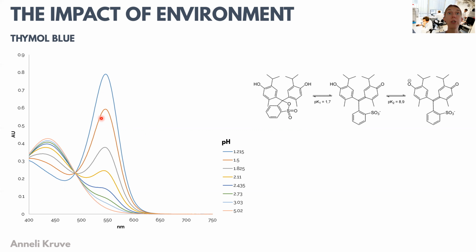In between, we have a blend of these two forms, and our spectrum is also a blend of these two spectra. For studies of such compounds which have two different forms with two different spectra, usually the molar absorption coefficients are expressed separately for the neutral form and for the anionic or cationic form, depending on the compound.